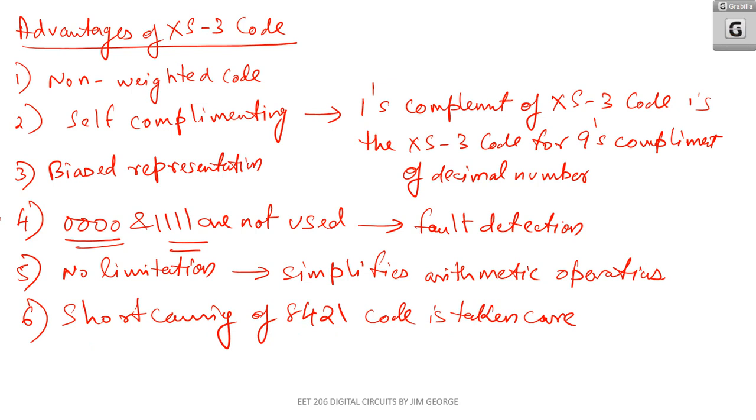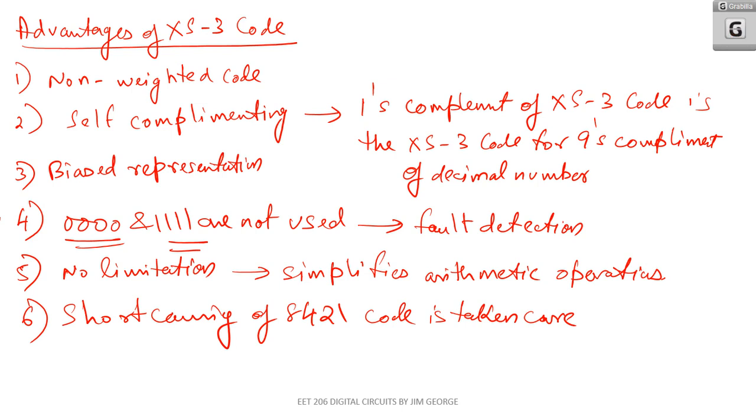So once more, it is a non-weighted code. It is a self-complementing code. That means derive the XS3 code of the given number, take its one's complement. Then take the 9's complement of the corresponding decimal number, and find its XS3 code. Those XS3 codes will be the same. So I will show with an example. And it is biased in representation.